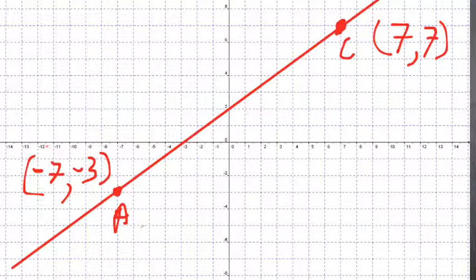+7, +7. Let's say I had a multiple choice, with some options here. I'm just going to do 3 because I don't feel like doing 4.